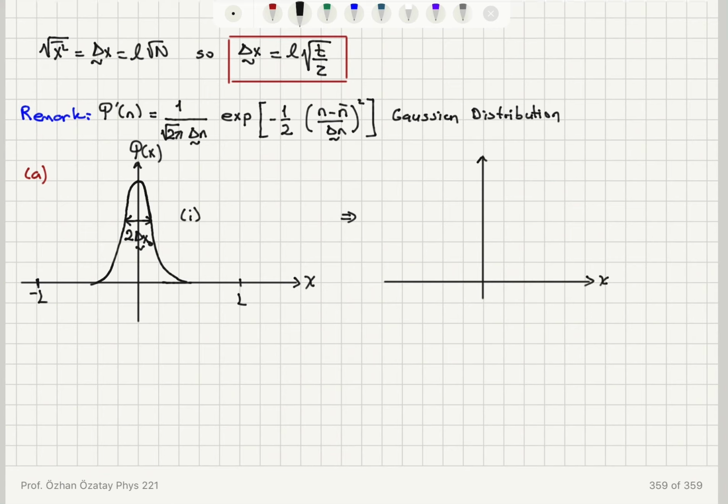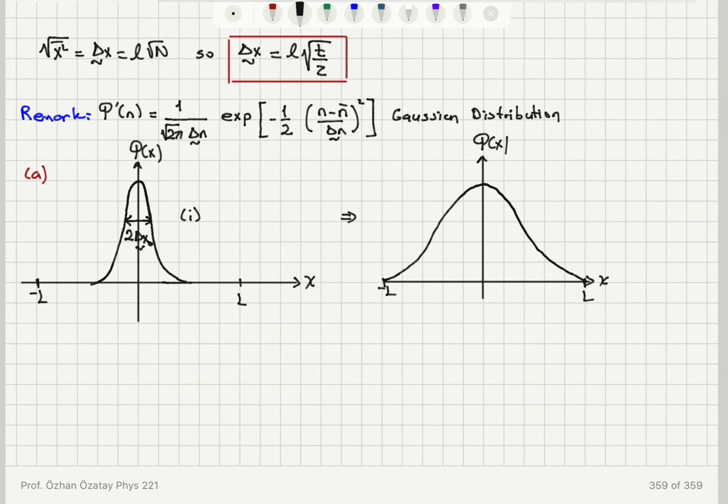So the probability distribution function between minus L and plus L. So this is going to be stretched out more. So you will have a distribution like this. Again, symmetric.